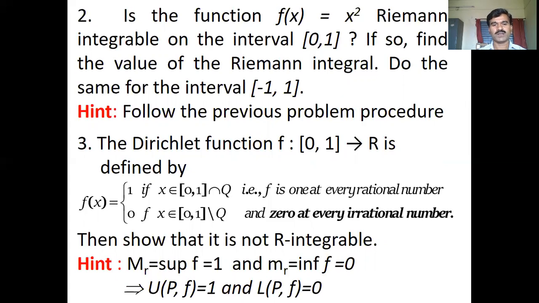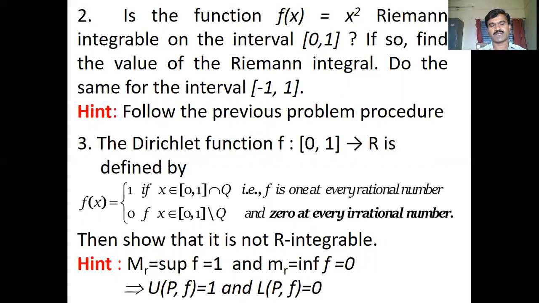In the third problem, the density function f is defined by f(x) = 1 at every rational number x, and f is 0 at every irrational number. Show that it is not Riemann integrable.